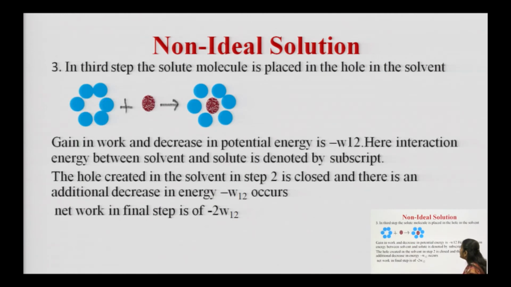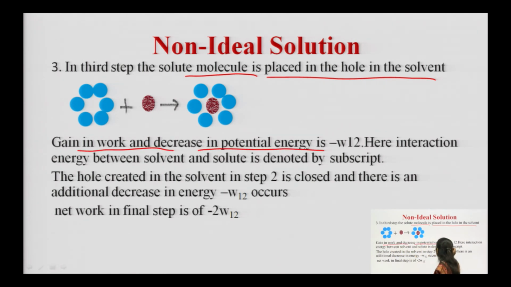Then the third step is that the solute molecule which has been separated from the solute phase will occupy the hole which was created in the solvent. As it occupies the hole, there is a gain in work and a decrease in the potential energy, which is denoted by minus W12, 1 for the solvent and 2 for the solute.